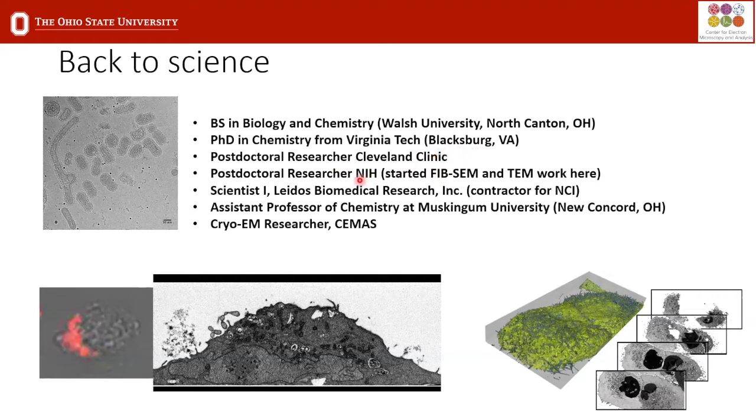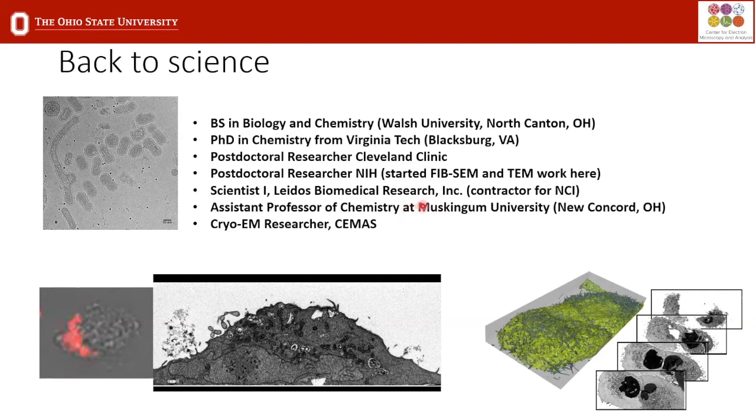After that, I worked as a postdoc at the NIH. And here's where I started getting into electron microscopy. So I started doing FIB-SEM, and here's where I learned cryo-TEM and negative stain TEM. After that, I worked as a scientist with Leidos Biomedical Research. Here I worked at a multi-user facility and focused mostly on cryo-EM, so screening samples and optimizing sample prep.